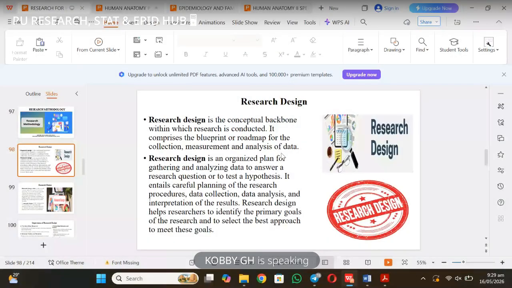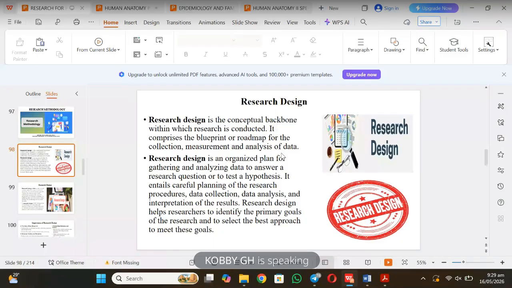Now, another example, we can come to Pentecost University and decide that we want to take records of the number of students who reported to the sick bay between 2024 and 2025. So you can go to the sick bay and say, I need records of the number of students that came here between 2024 and 2025.